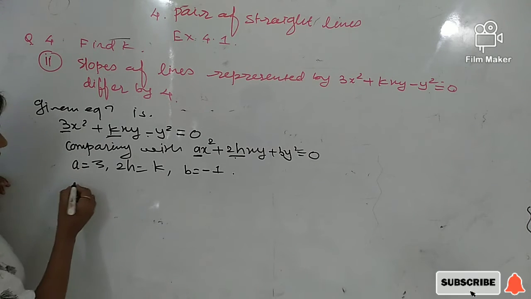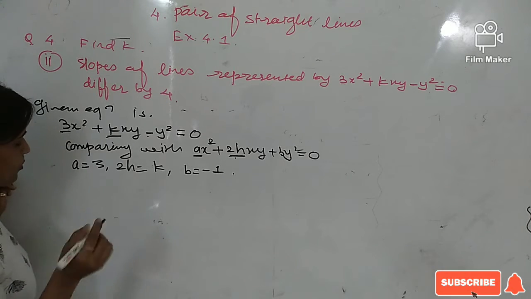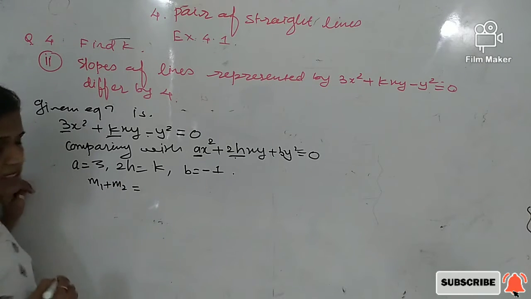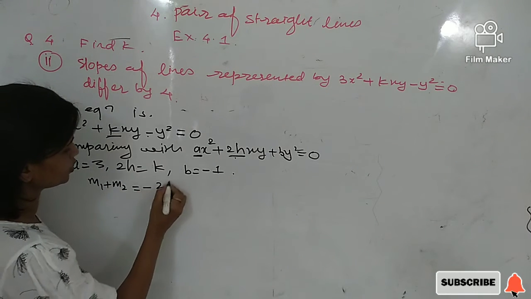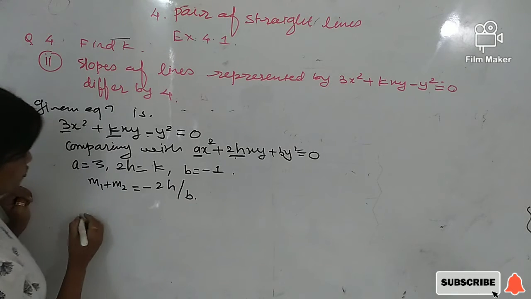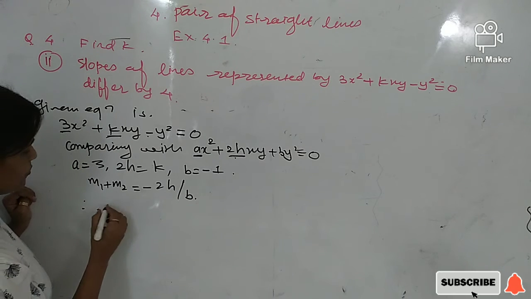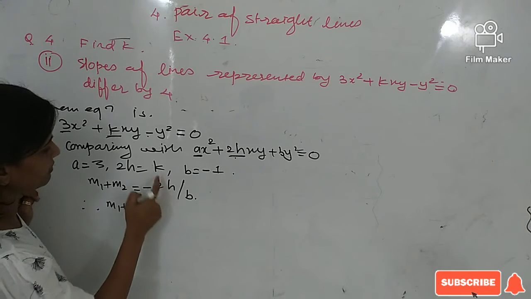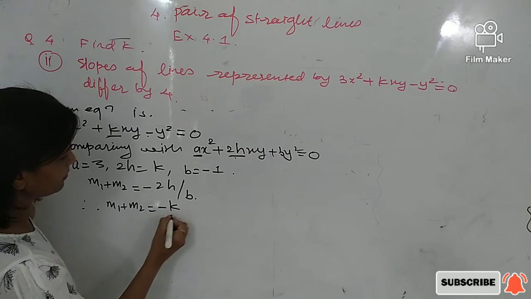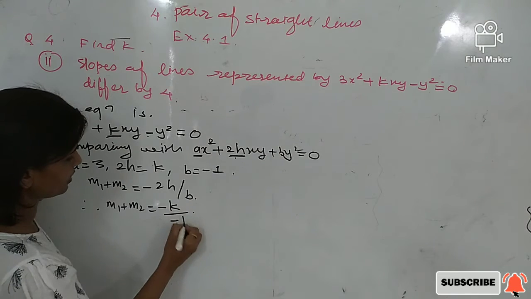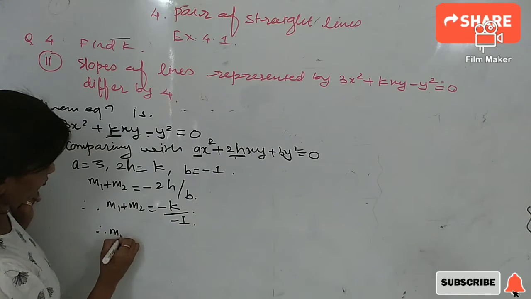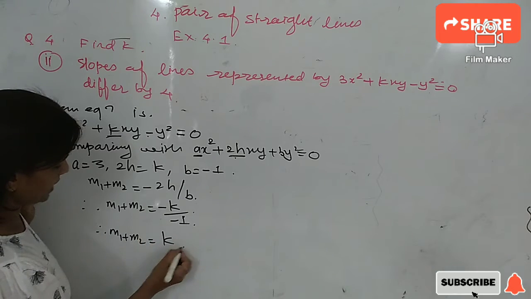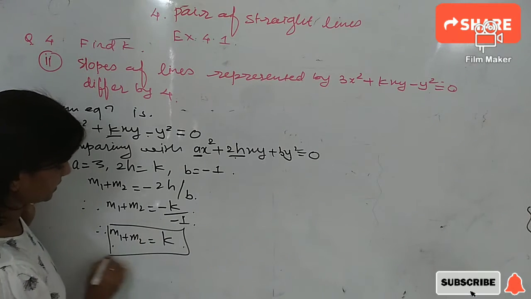Then find the sum of slopes and product of slopes. So m1 plus m2 is equal to, the formula is minus 2h upon b. So just put in the values. 2h in our case is k, so we get minus k divided by minus 1. Therefore, m1 plus m2, the minus cancels, and the sum of slopes is k.